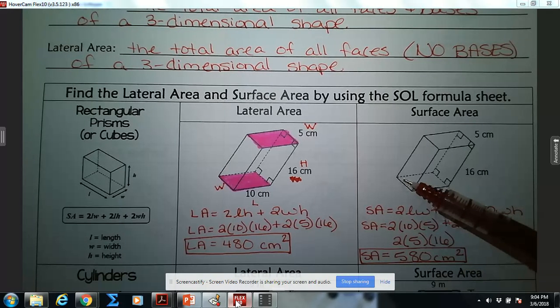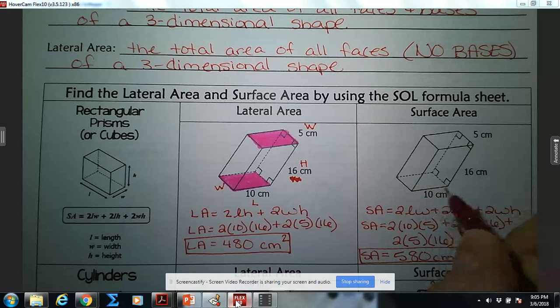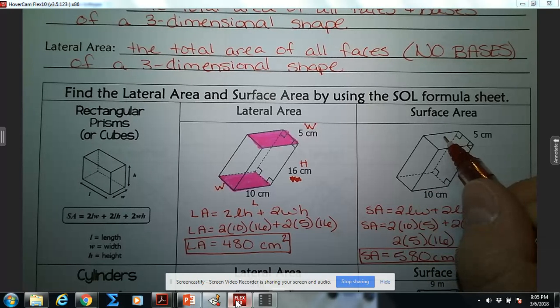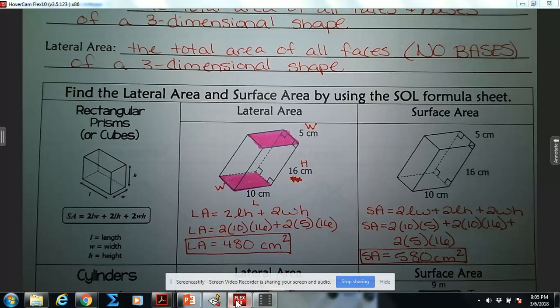Well, our base here, remember, it's that rectangle. Our base is a 10 by 5 base. 10 times 5 is 50. And that would be a 50 on the bottom and a 50 on the top for a total of 100 more. So it's always good to think it through, okay, so that it's not anything tricky for you.